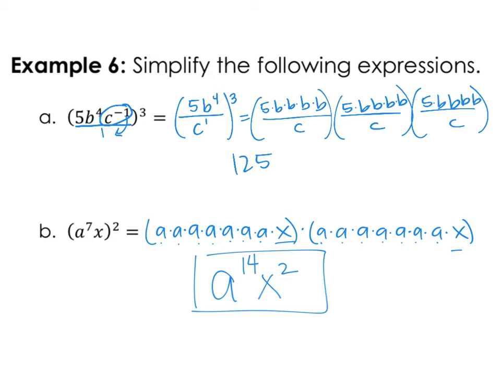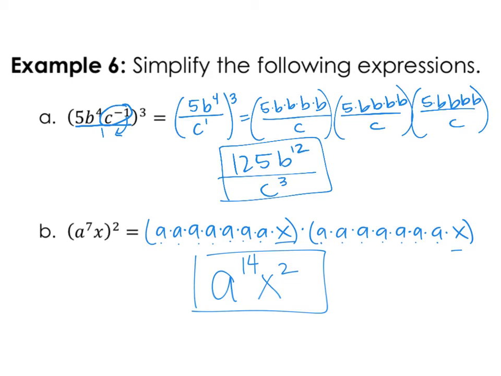Then I had 4 b's plus 4 more b's plus 4 more b's, which is going to give me b to the 12th. On the bottom of our fraction, we had 3 c's, which we can write as c to the 3rd power. There's nothing we can cancel, nothing we can simplify, so we are done with this example.